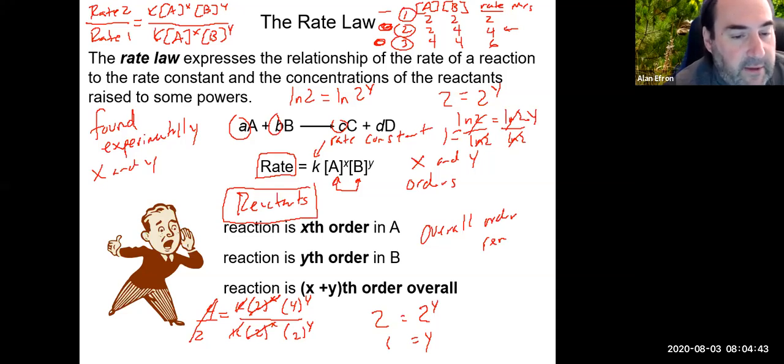And as we talked about, we can use the coefficients in the balanced equation to help us do that. We take 1 over the coefficient, and what that does is take care of all the mole to mole relationships in an equation, the stoichiometry of it.